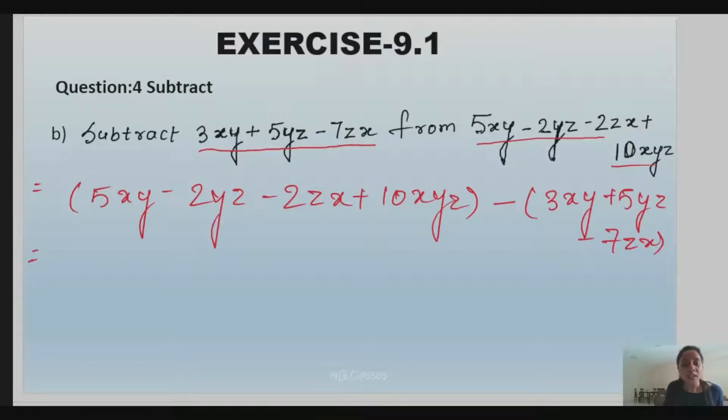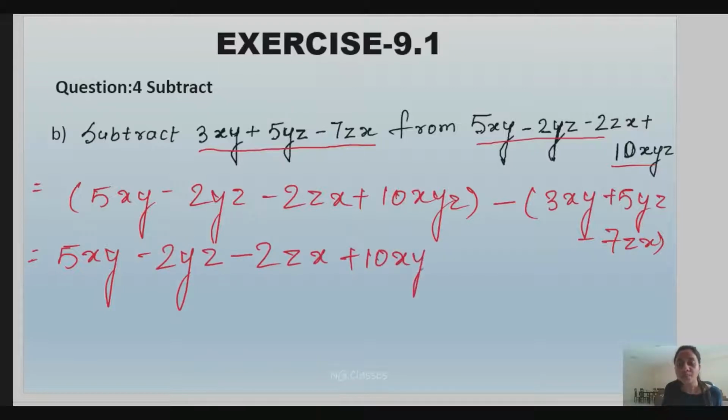Now open the bracket. 5xy minus twice yz minus twice zx plus 10xyz. Now be careful and open the second bracket. Negative sign is sitting outside of the bracket. So each and every sign inside the bracket will change, right? Minus 3xy, it will be minus 5yz and then plus 7zx.